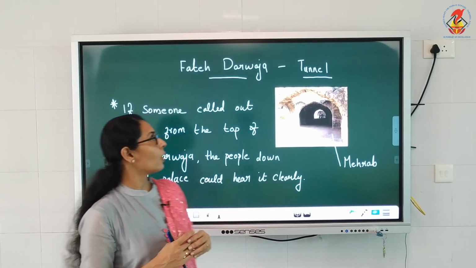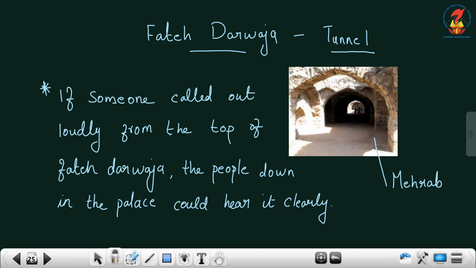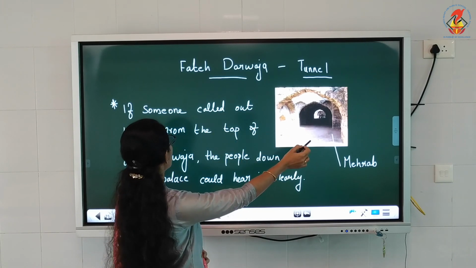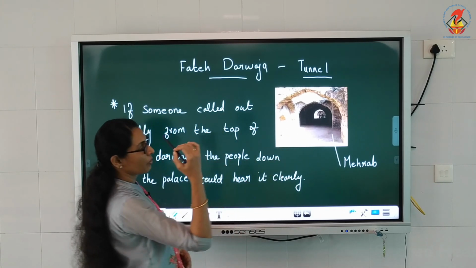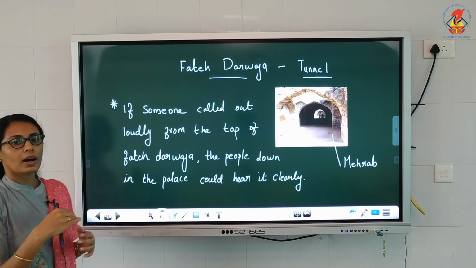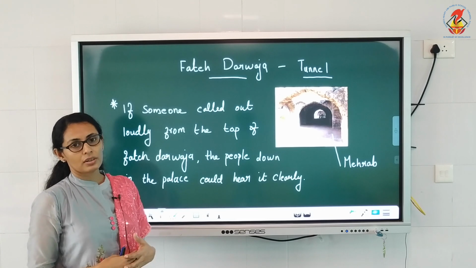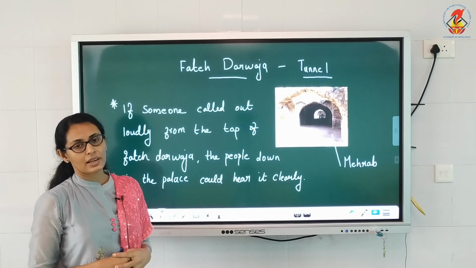That tunnel is known as the Fateh Darwaza, this is the Fateh Darwaza. If somebody is standing here at the top of the Fateh Darwaza and calls out, then the people in the lower area, on the ground floor, are able to hear what that person is telling from the top.